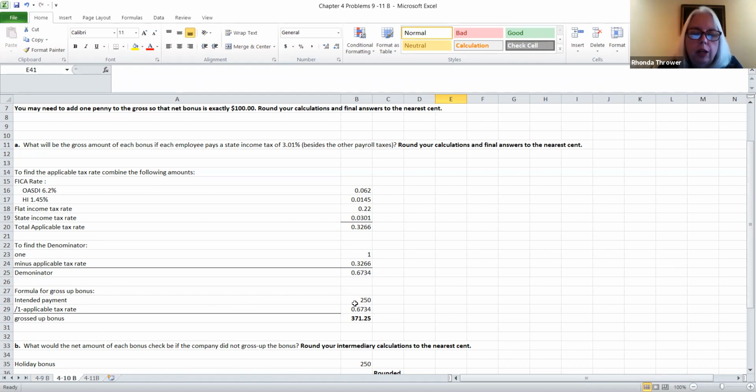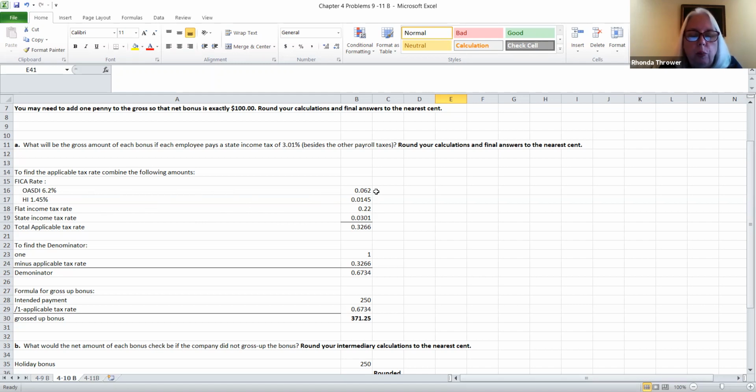They want the amount to be $250 divided by, that little slash means divide by, 1 minus the applicable tax rate. So we have to find the applicable tax rate first. To do that, what I simply did is put down all the taxes that were going to be withheld and the rates of those taxes.